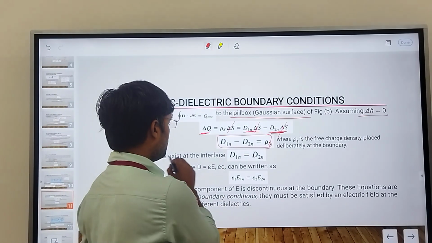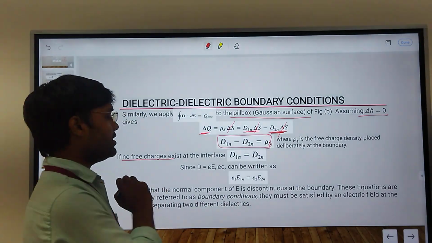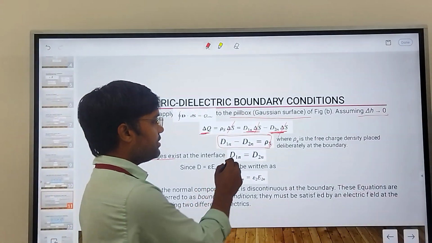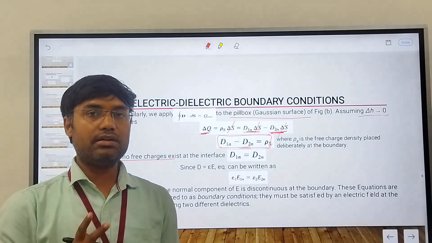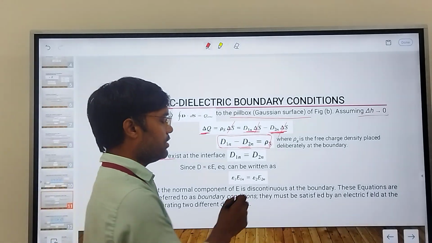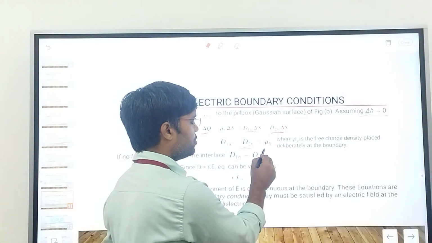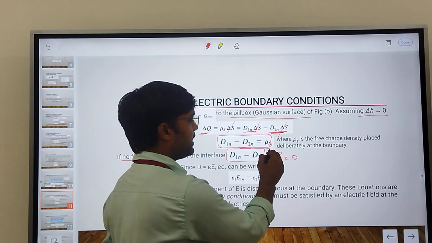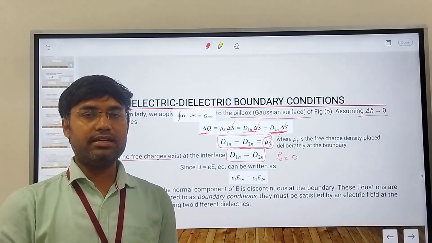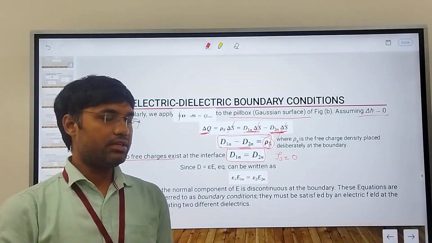But if there is no charge density, if it is a charge free region, then the normal components of electric flux density in both mediums would be the same. So this is the case where there is no charge density, or we can say rho is equal to 0, and in the case where there is charge density, the electric flux density would be discontinuous.